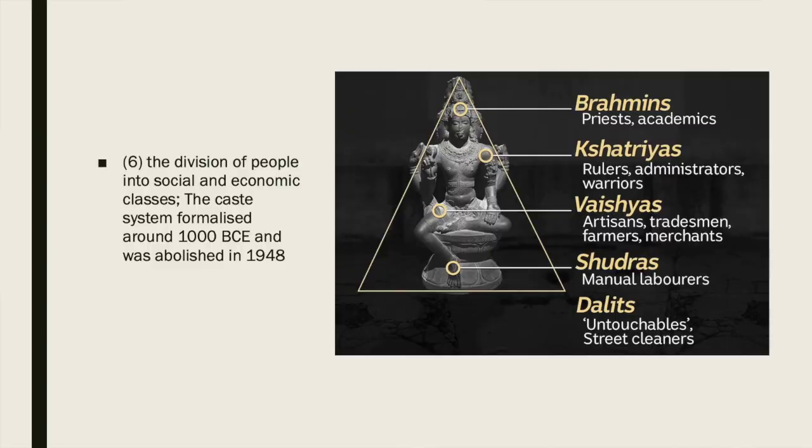Now, in relation to how their system of social structure worked, it's actually quite unique. They had something called the caste system, and this was based on the Hindu religion, and they divided people based on their profession, as you can see here on this slide. But the caste system is a really, really formal, rigorous structure.